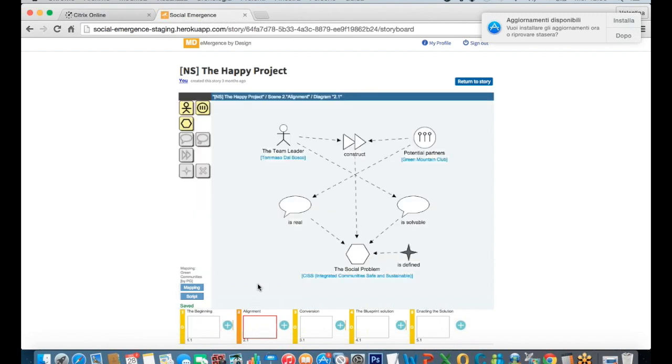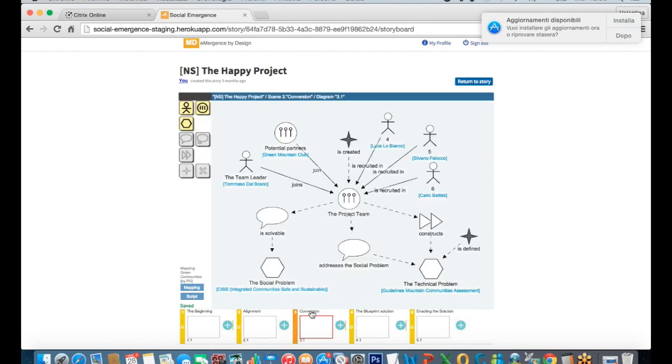Then, in the second phase, the team leader, together with the potential partners, frames the social problem that has to be solved, that is real, and that has to be solved. And then we go to the third phase, where the project team is being formed, with other people recruited in order to have a team that is complete, heterogeneous enough, and so on.